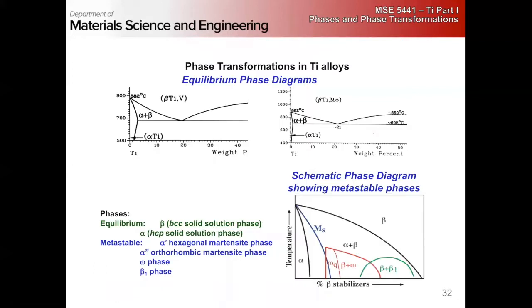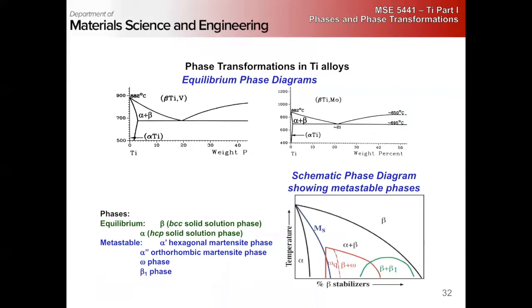So we look at some of the other phases that we can form. The equilibrium phases are beta and alpha, but as we mentioned, we have two martensitic phases, simple hexagonal omega phase, and beta 1 and beta 2.